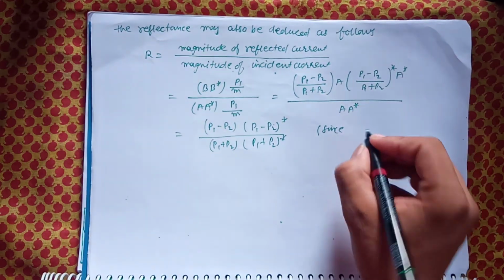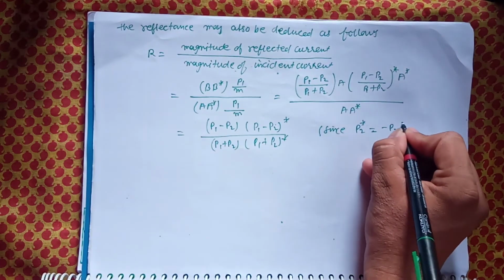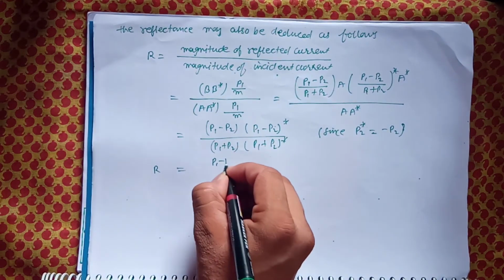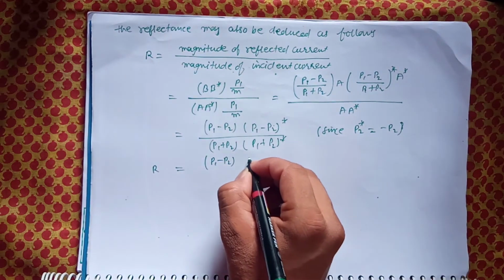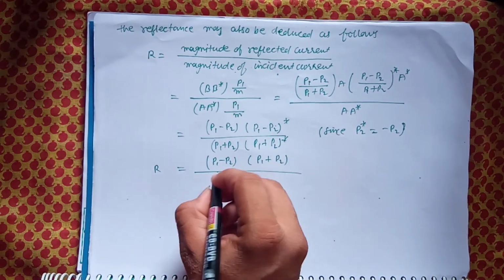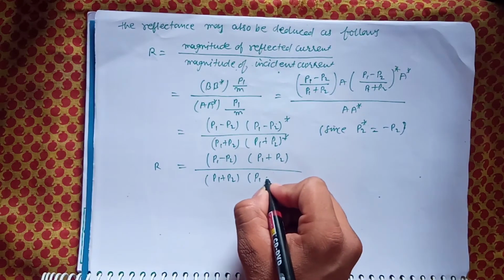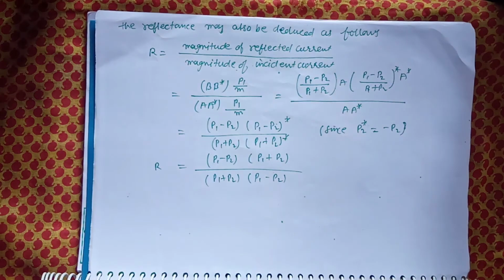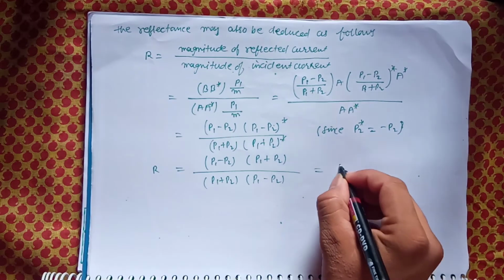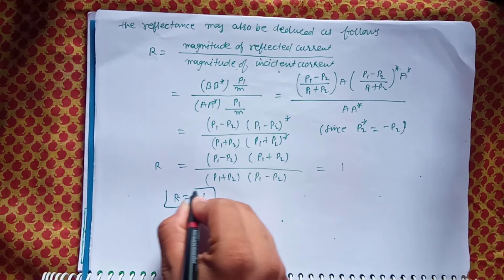Since P2 star is equal to minus P2, so R is equal to (P1 minus P2)(P1 plus P2) over (P1 plus P2)(P1 minus P2). Now all terms will cancel out, we get unity. That implies R is equal to 1.